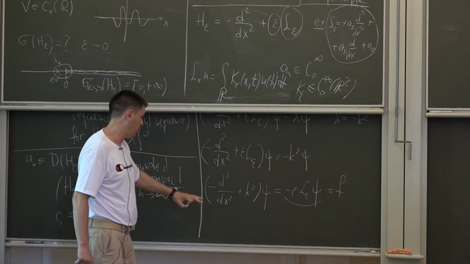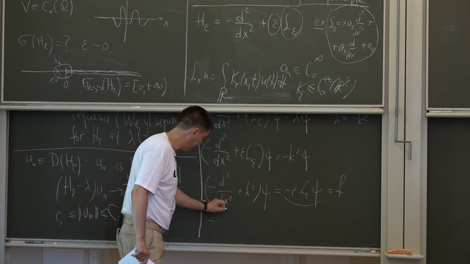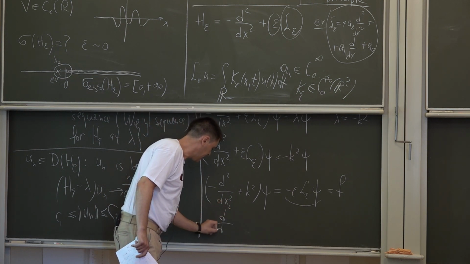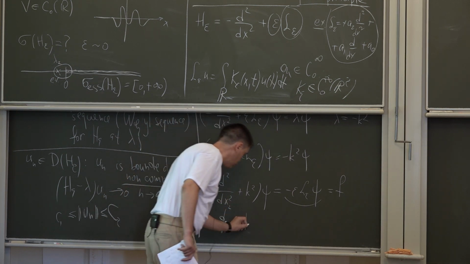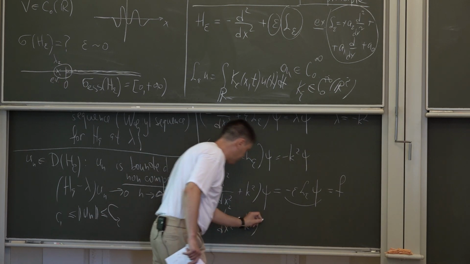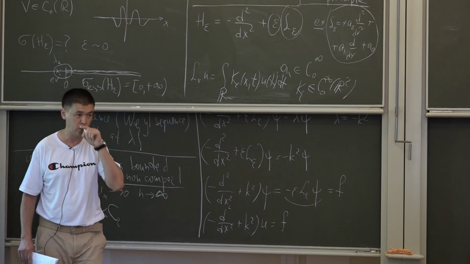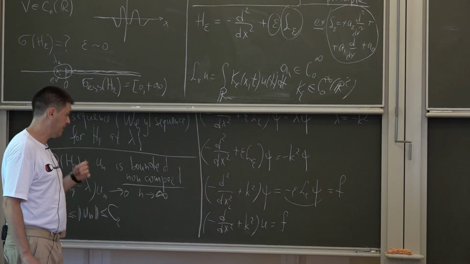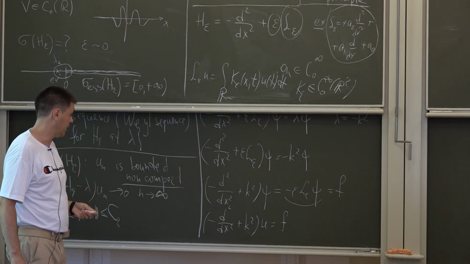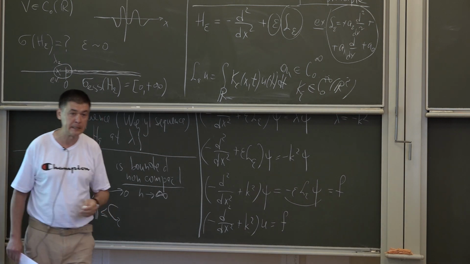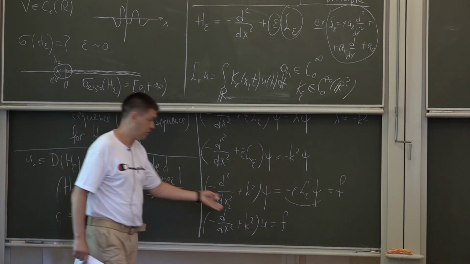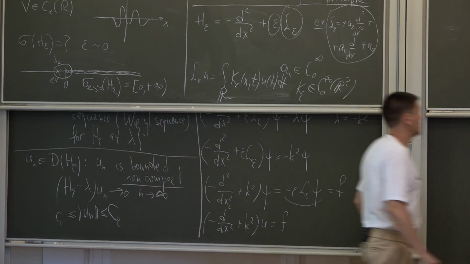So now I want to regard my equation as a usual equation with some right-hand side, and I shall rewrite it in such form. Then I want to solve this equation, and of course I can do it explicitly, because this is a very simple equation.